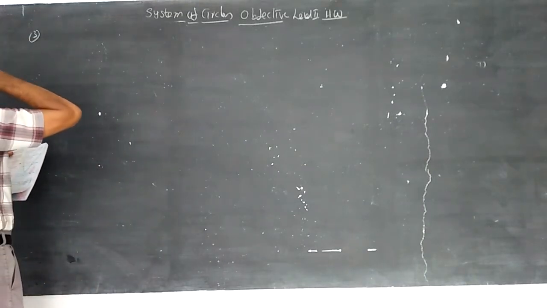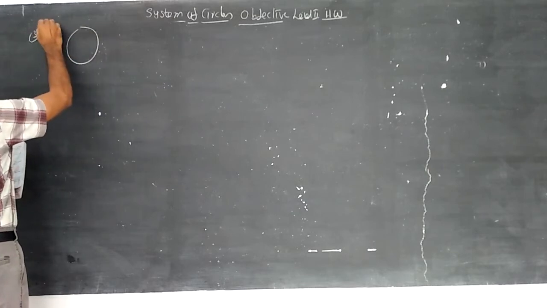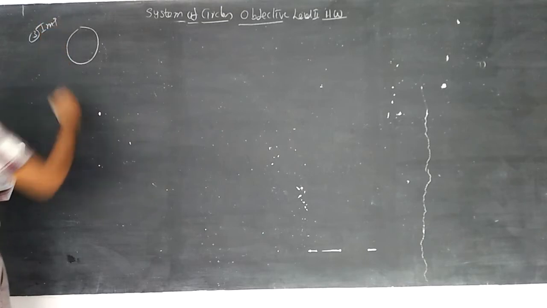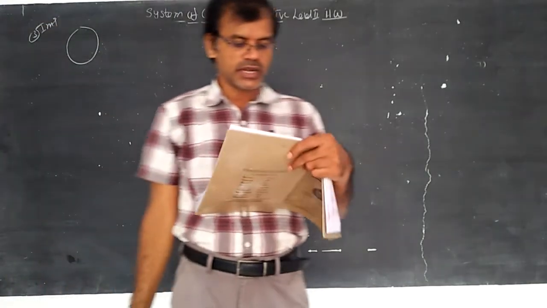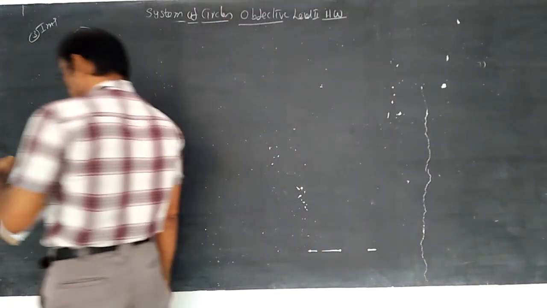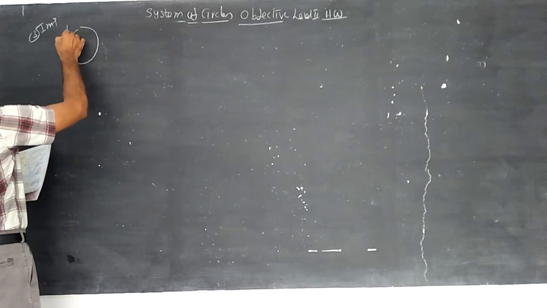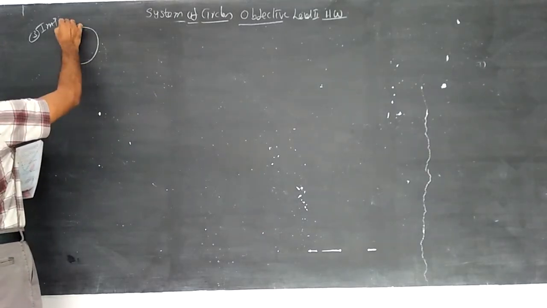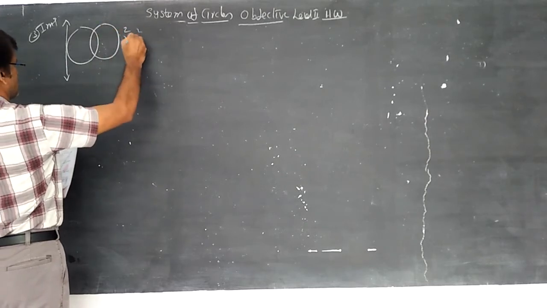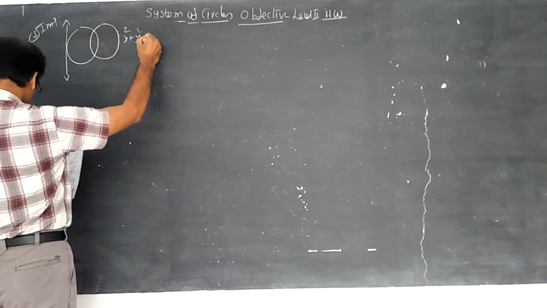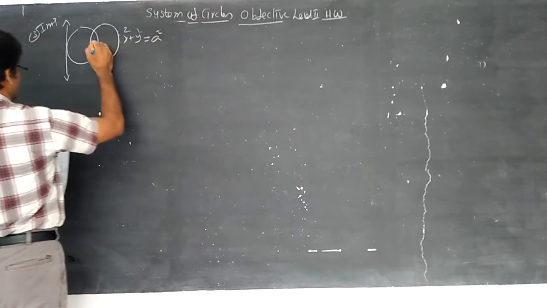The locus of centers of all circles which touch the line x equal to 2a and cut the circle x square plus y square equal to a square. X is equal to 2a is an equation parallel to the y-axis. It is touching the line and also cutting the circle x square plus y square is equal to a square.